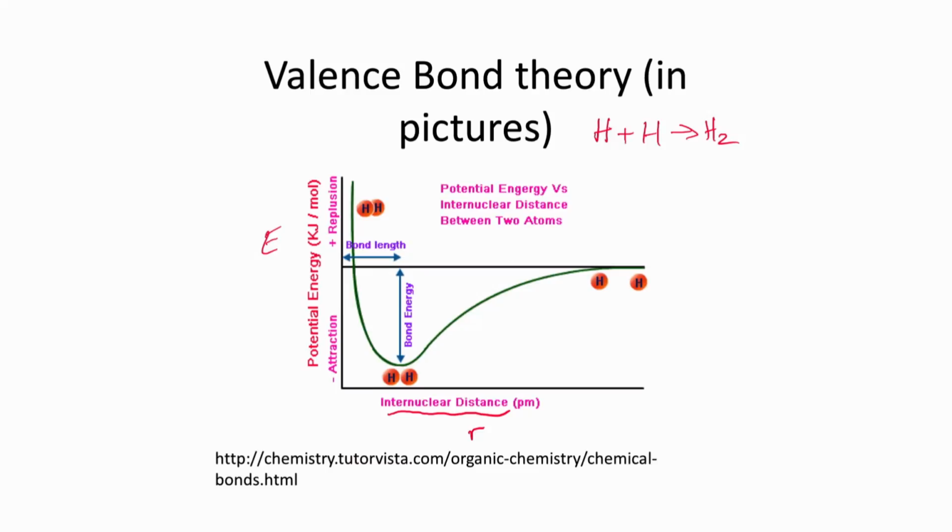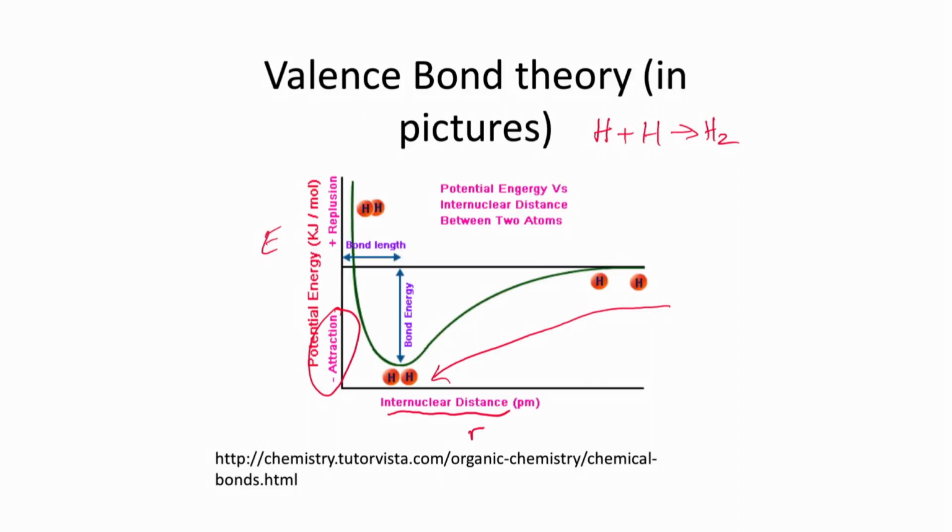Why? Because the proton, the nucleus of one, is attracted to the electron cloud, the electrons on the other, and it draws them closer together. And so as the distance between them decreases, they get more and more attracted to each other, and the energy between them decreases. So all of this represents attractions.